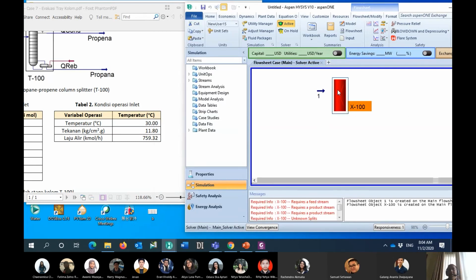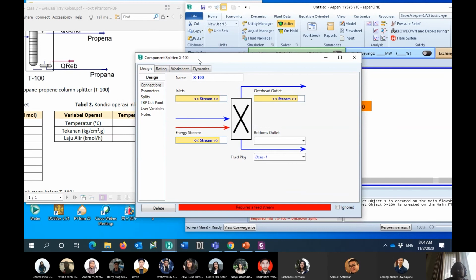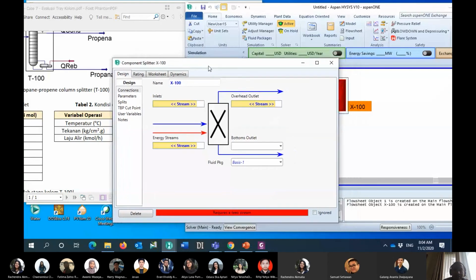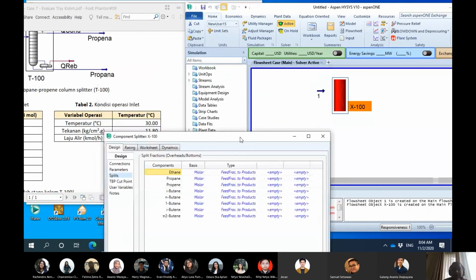I want to know the operating condition, at which temperature and which pressure I have to do the separation. To know that, first I have to define the splitting condition.